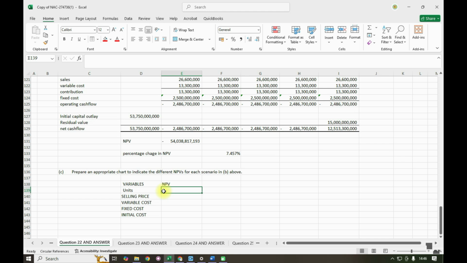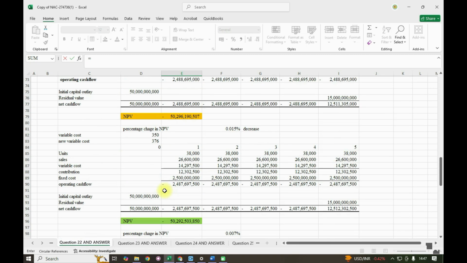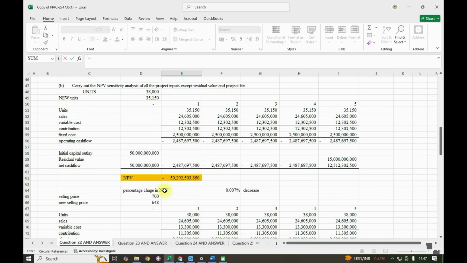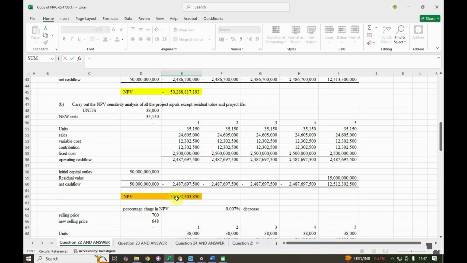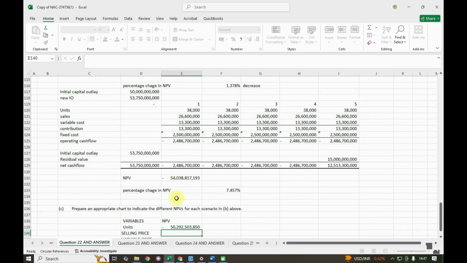So prepare an appropriate chart to indicate the different NPVs under each scenario in B. So under the units, we started with the units at this particular NPV.